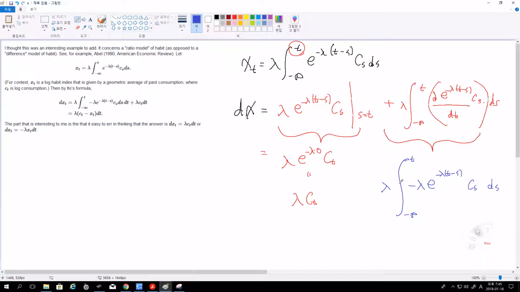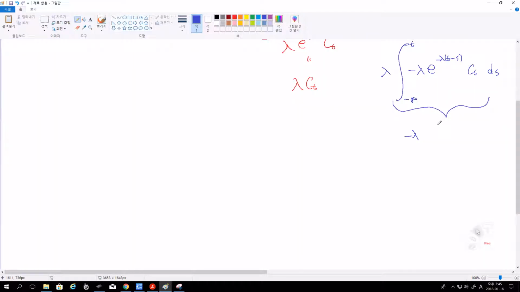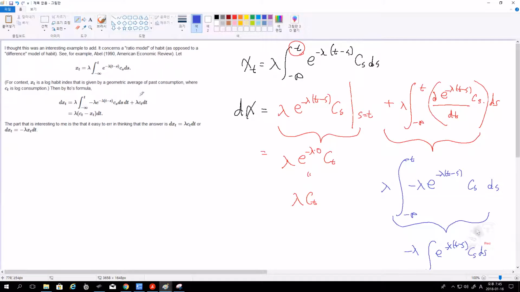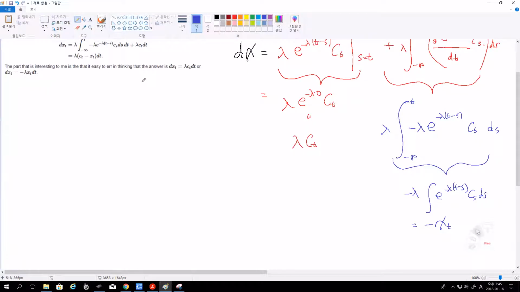And then we have lambda over here. But remember this part is the same as minus lambda, and then e to the minus lambda (t minus s) c(s) ds, which is basically minus x(t), right? Remember x(t) looks like this one. So this whole part is minus lambda x(t).